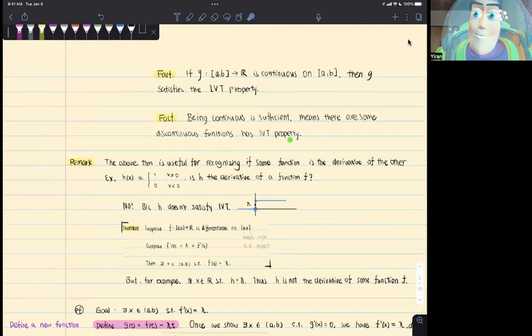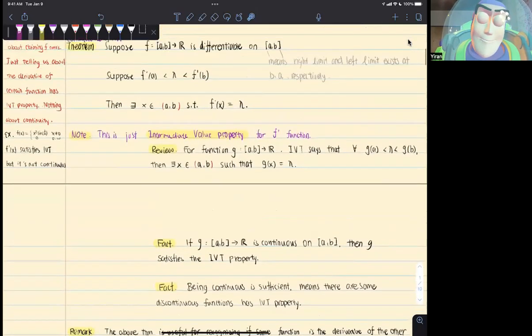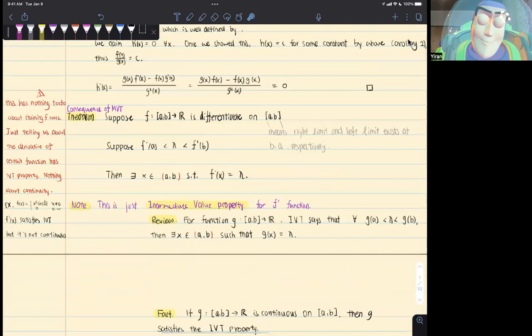So it is good to point out here that the intermediate value property of f prime does not imply f prime is continuous. So you cannot say that if a function satisfies those two conditions, then this function is continuous. That is incorrect.